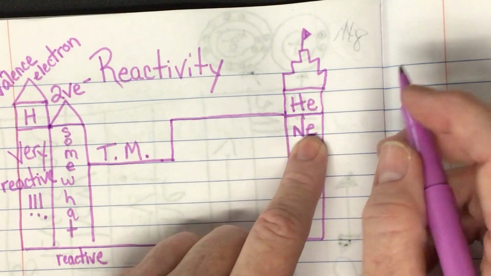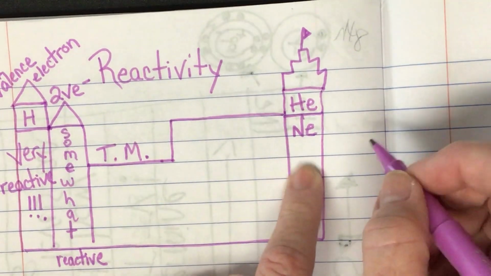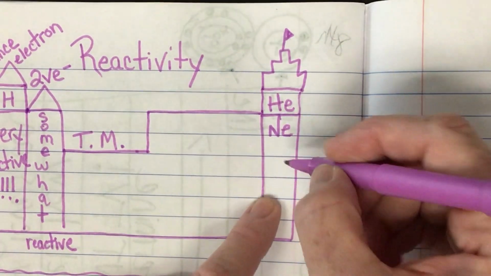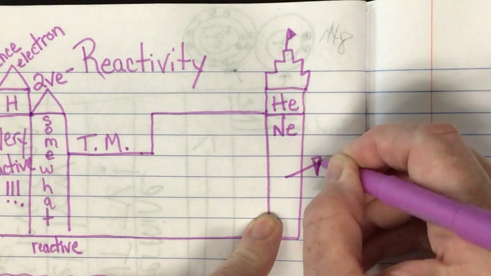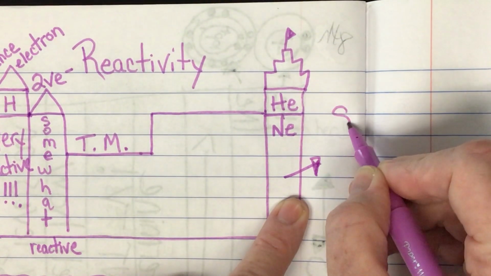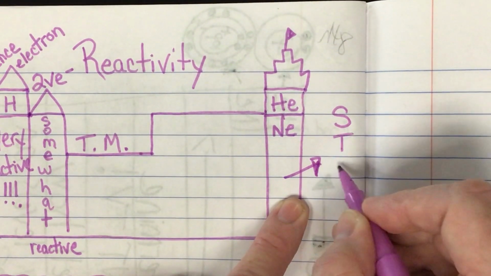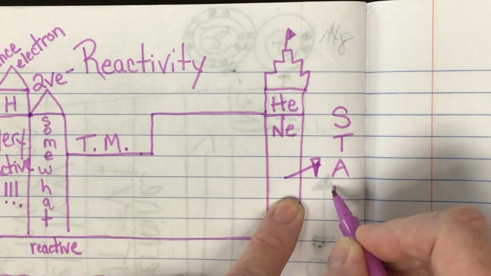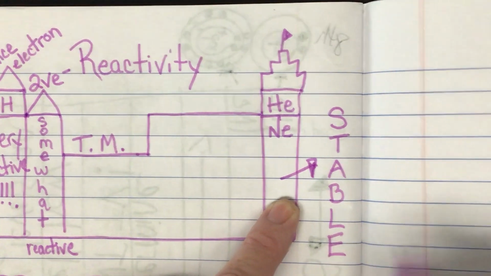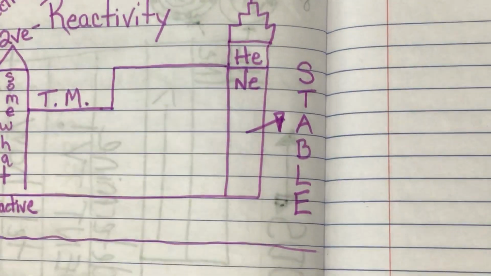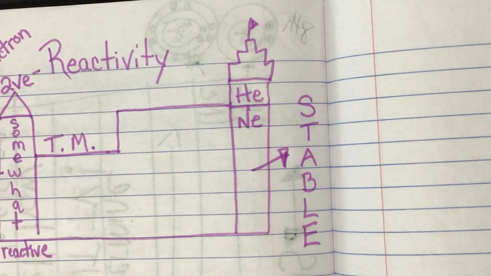All right, these guys are called the noble gases because they never react. The noble gases are what we call stable. The noble gases are considered to be stable.